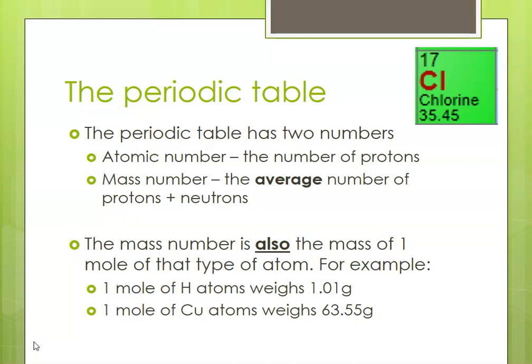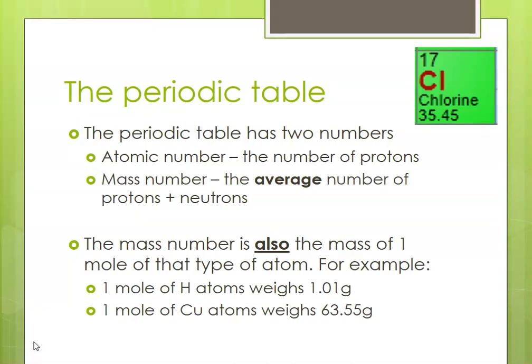So the periodic table tells us the average molar mass, the mass of 1 mole of that substance. If I have 6.022 times 10 to the power of 23 chlorine atoms, it will weigh 35.45 grams. And if I have 35.45 grams of chlorine atoms, then I can be pretty confident that I've got 1 mole of chlorine atoms, 6.022 times 10 to the power of 23.